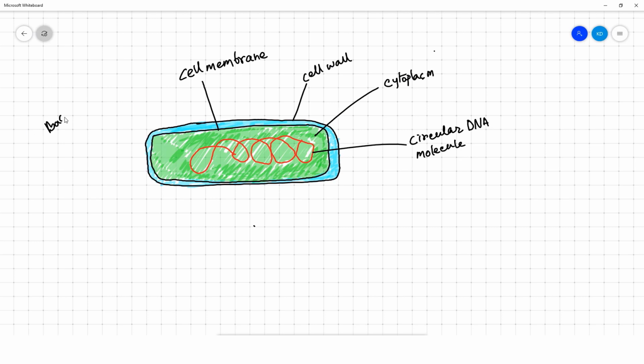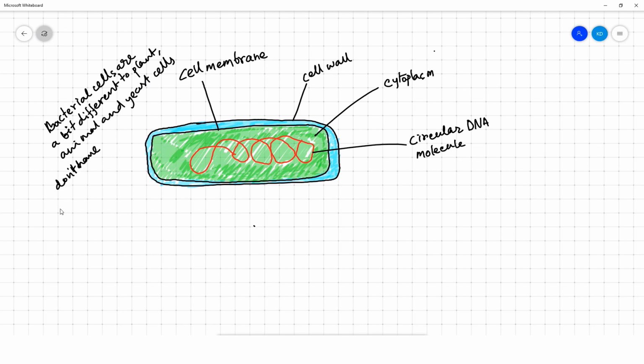So this is actually a bacterial cell. This is a bit different from plant and animal cells and yeast cells. So always remember this, it is very important.